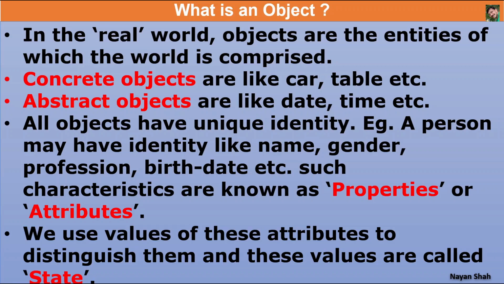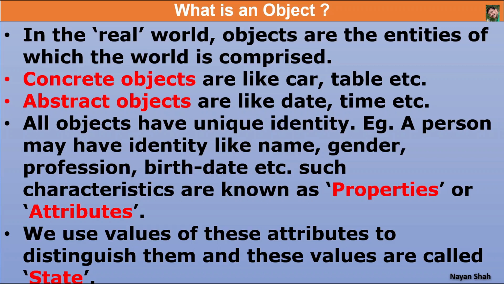There are two types of object, concrete objects and abstract objects. Every object has a unique identity, which are known as properties or attributes, and the values of these properties or attributes are called state of the object, and each object differs from one another by the state of that object. My name is different, my friend's name is different, my birth date is different, my friend's birth date is different.